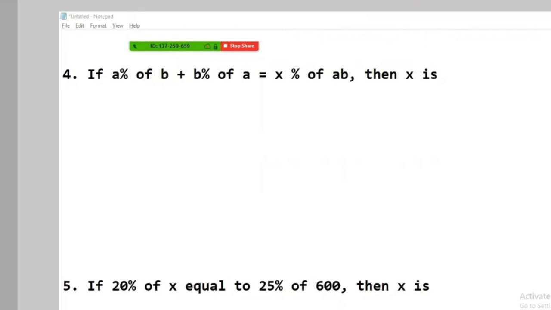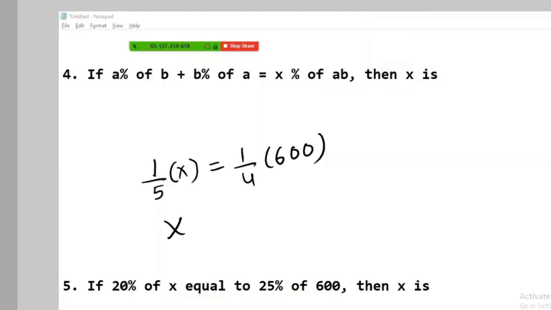If 20% of X equals to 25% of 600. 20%, can you write 1/5 now? So 1/5 of X equals to 1/4 of 600. So he is asking what is X?